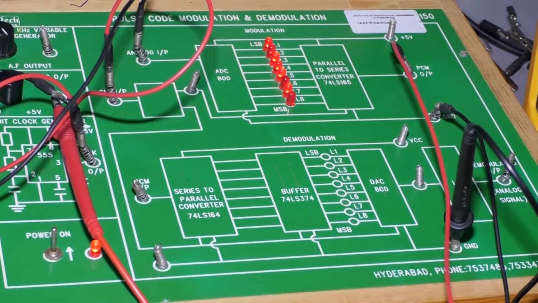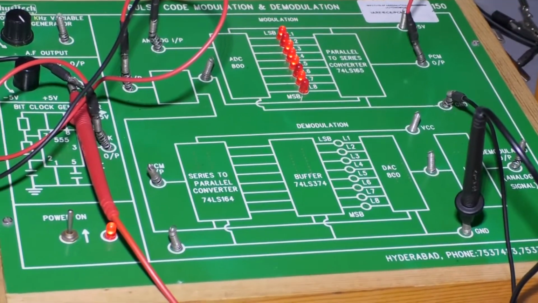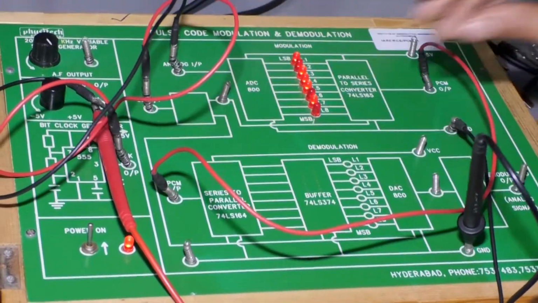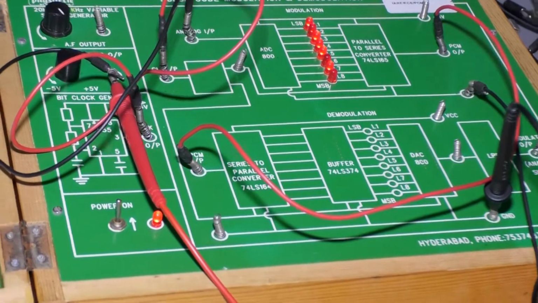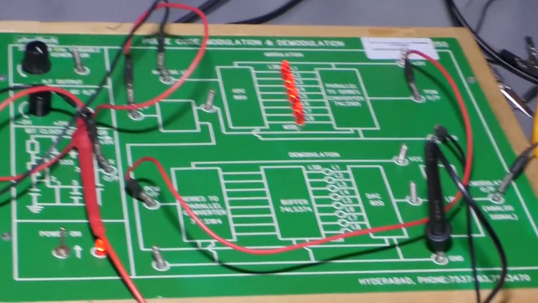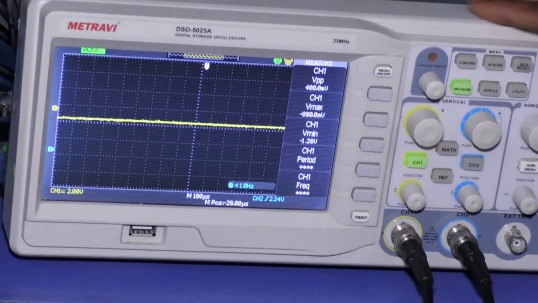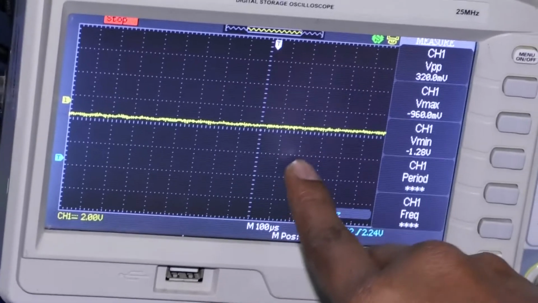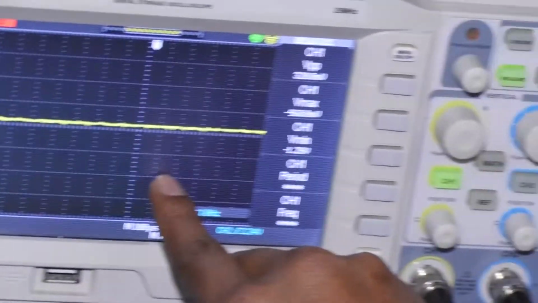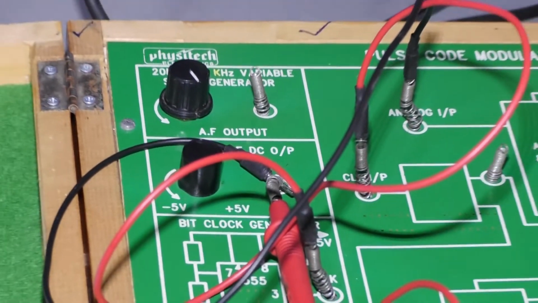Here is the demodulated output value. I just get the DC level input voltage, because the input is DC. Whatever input we have given, the same output can be retrieved from the demodulation process.